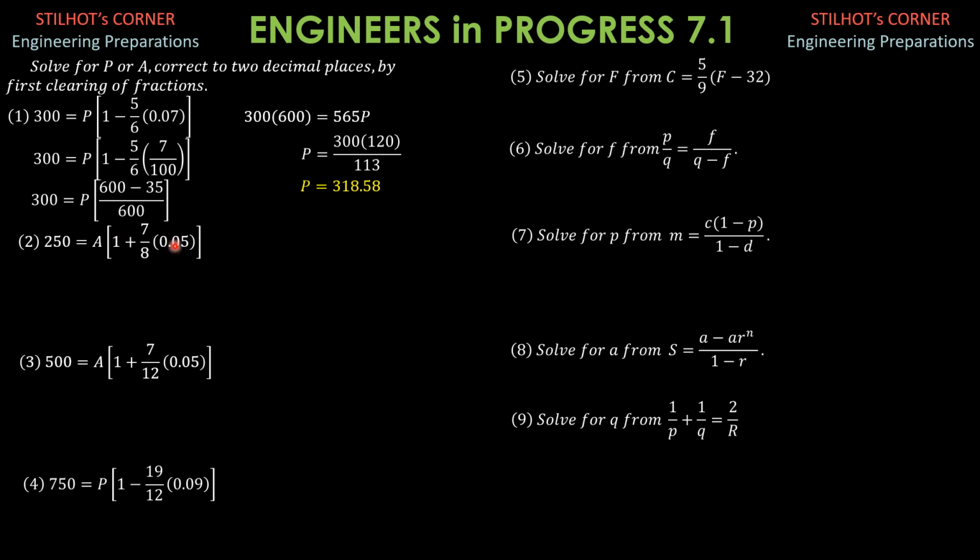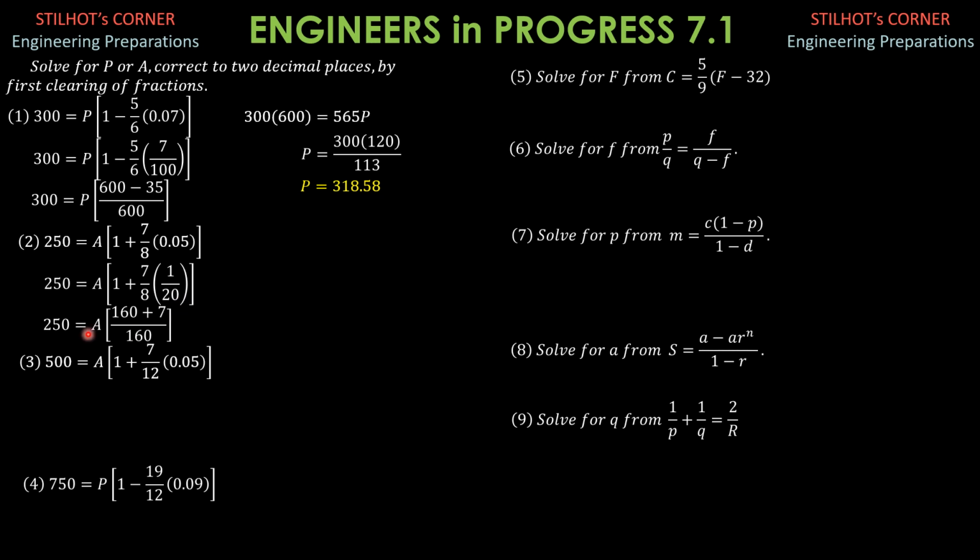For the second part, 0.05 is 1 over 20 or 5 over 100, but I'll just use 1 over 20. So 250 equals A, quantity 1 plus 7 over 8 times 1 over 20. The LCD in this bracket is 8 times 20 or 160. So 250 equals A, quantity 160 plus 7 over 160.